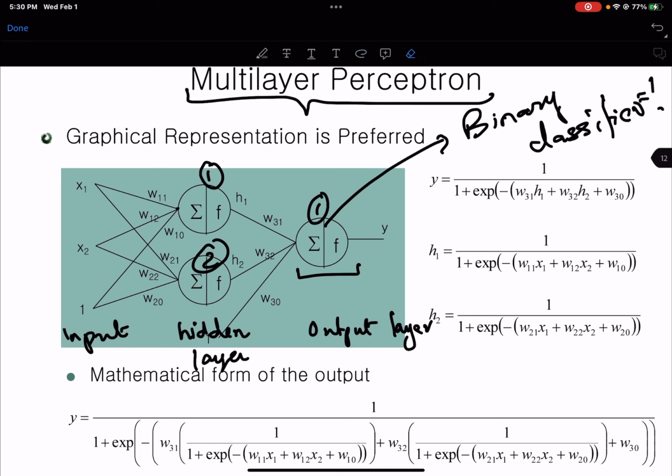All the links that are coming from one layer to the next layer, for example, from your input layer to your hidden layer, they will have links, and these links will have the weight values.